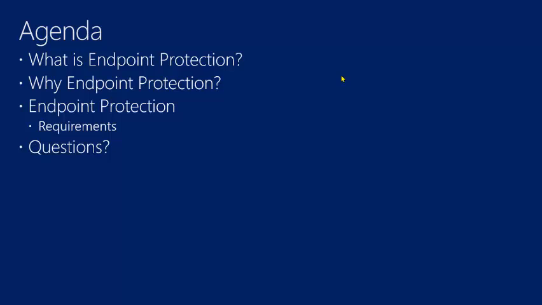One thing about endpoint protection is many of the features and capabilities, management, and so on that you will hear about in this series are typically things that other groups handle in an enterprise, right?